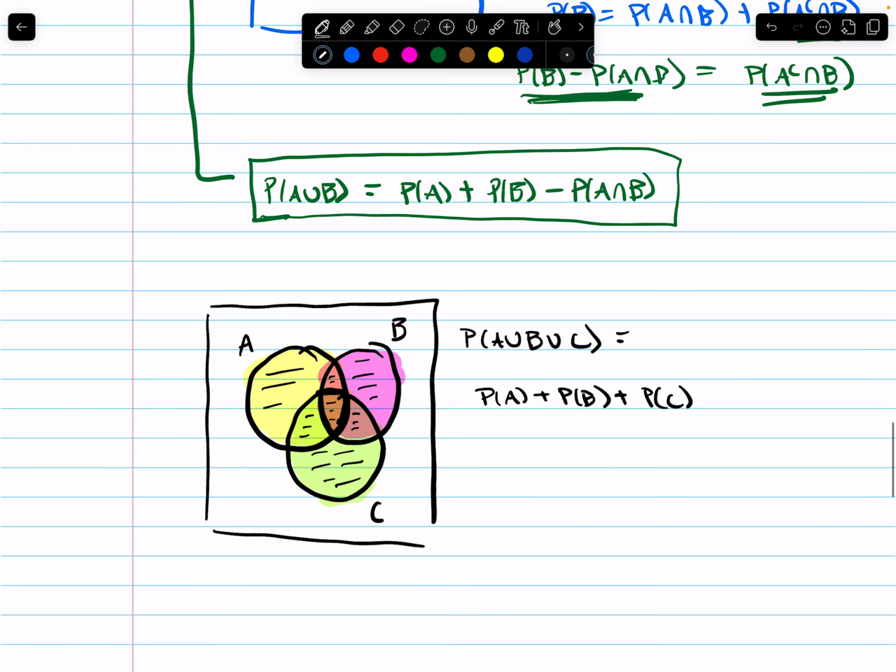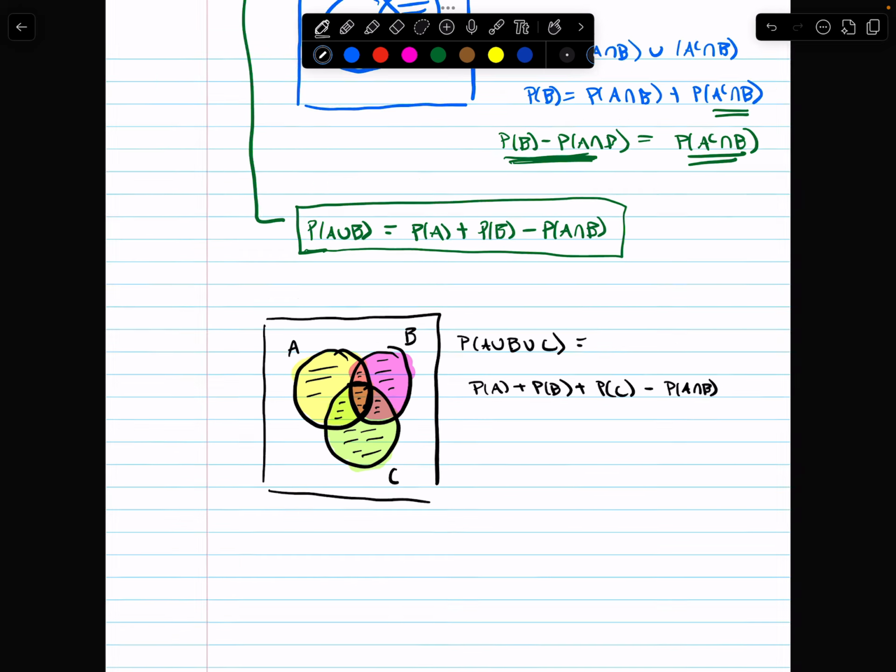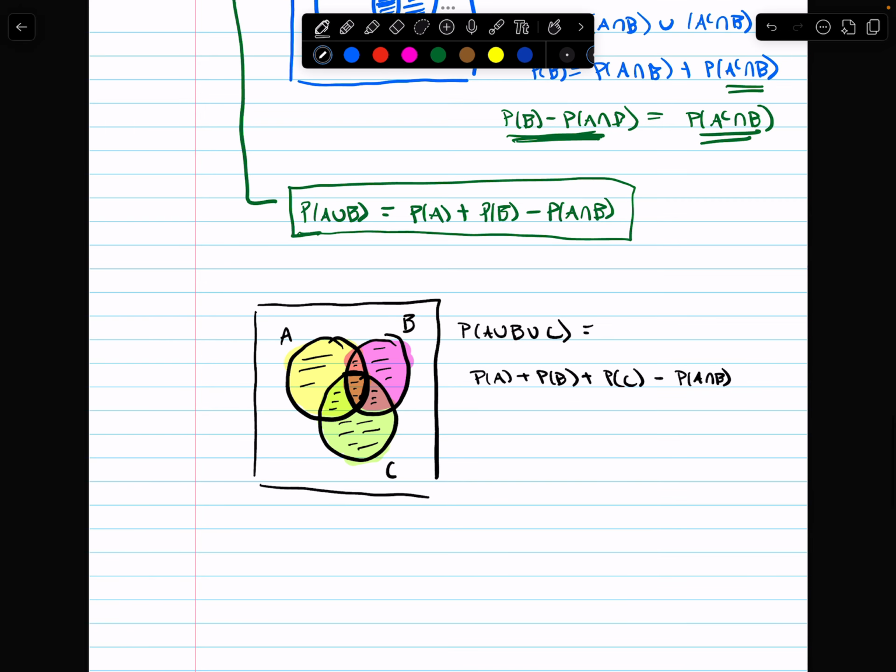So if I subtract off the intersection of A and B, then that removes that 1 time, but it also removes our middle football 1 time.